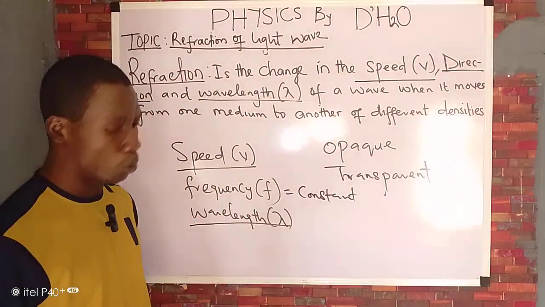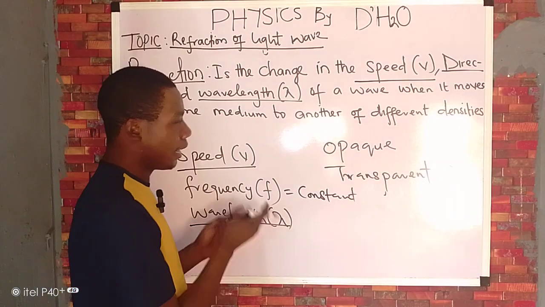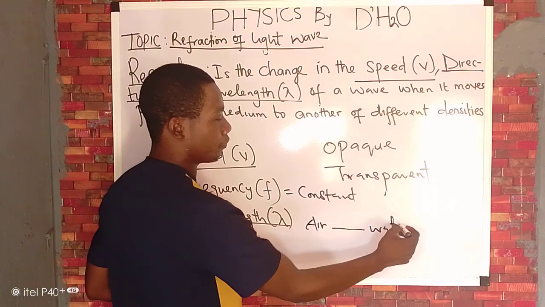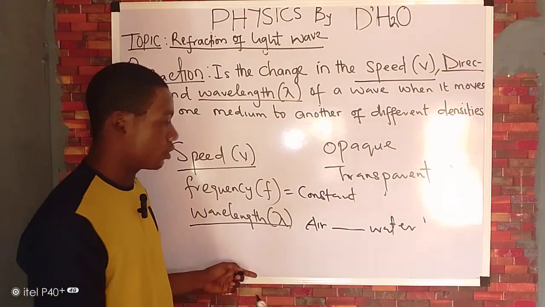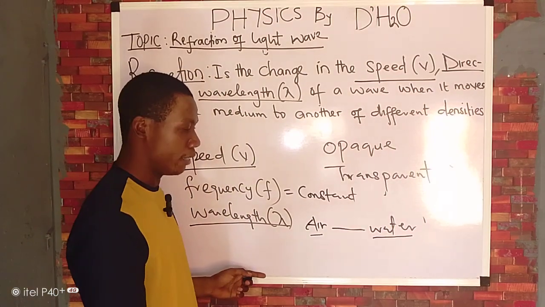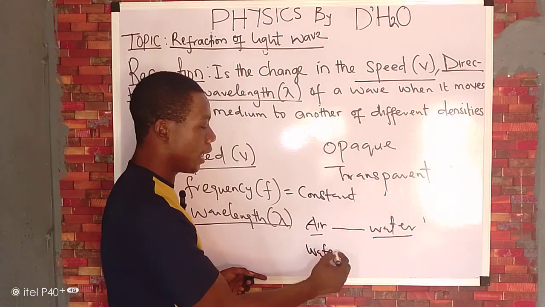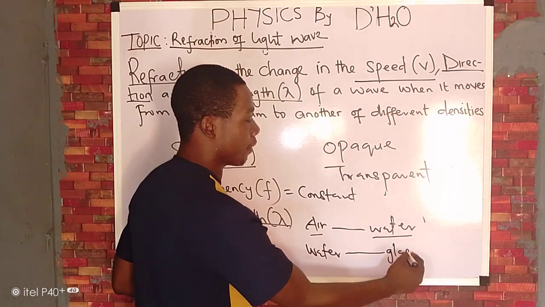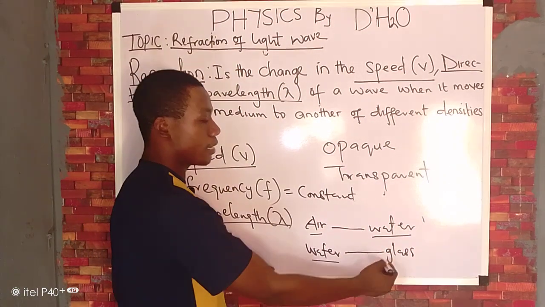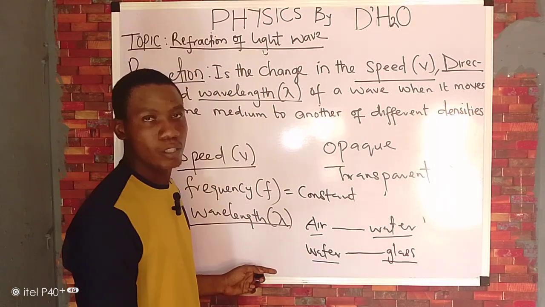Now, I want you to also know that if light moves from air to water, refraction is bound to occur because the density of air and the density of water is not the same. If light moves from water to glass, refraction will also occur. Why? The density of water and the density of glass are not the same.